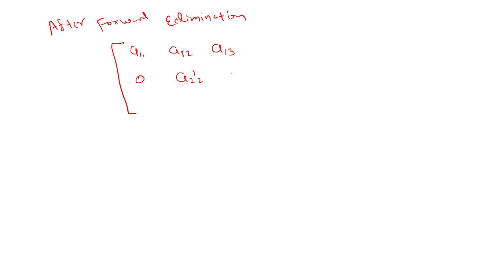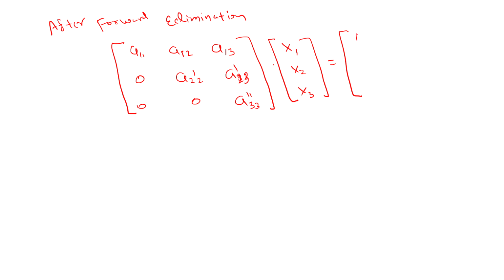So after forward elimination, what we have seen is a matrix A11, A12, A13, 0, A22 prime, A23 prime, 0, 0, A33 double prime, times X1, X2, X3, equals B1, B2 prime, B3 double prime.